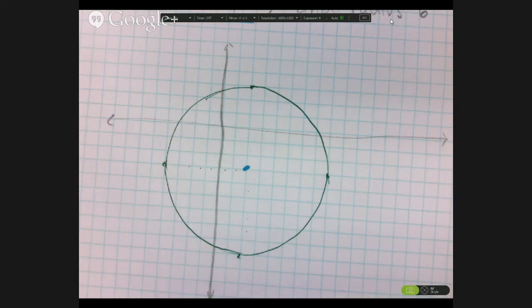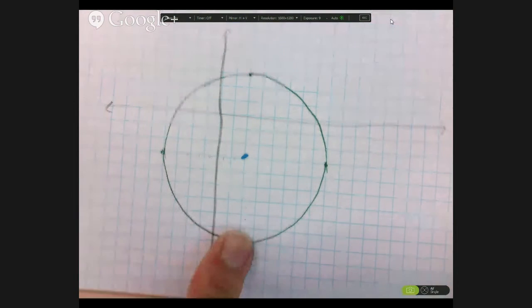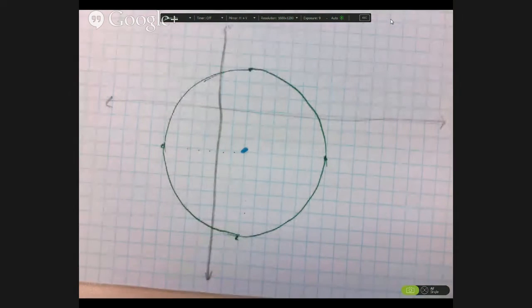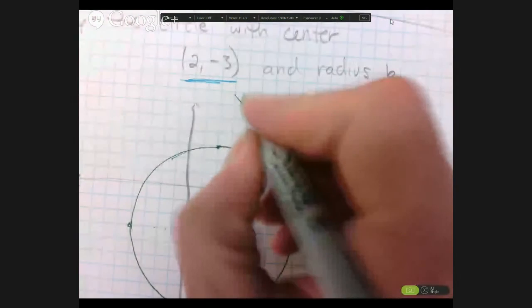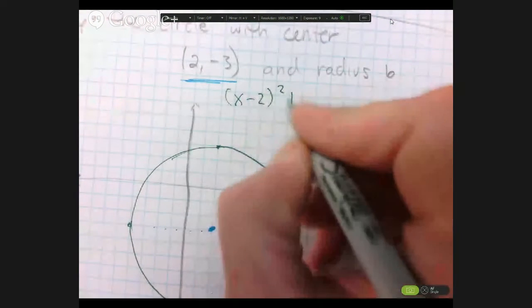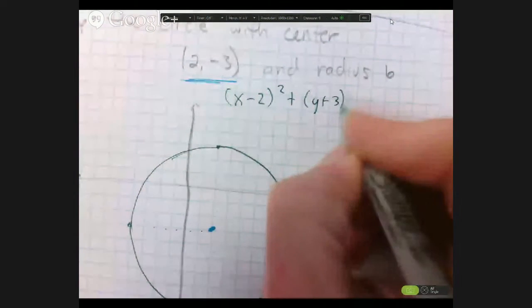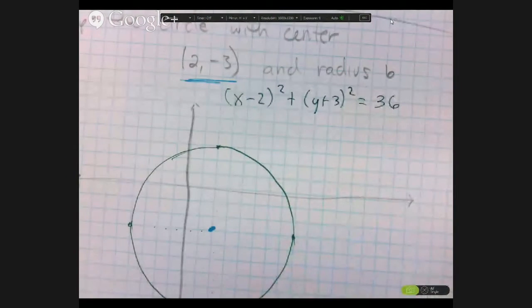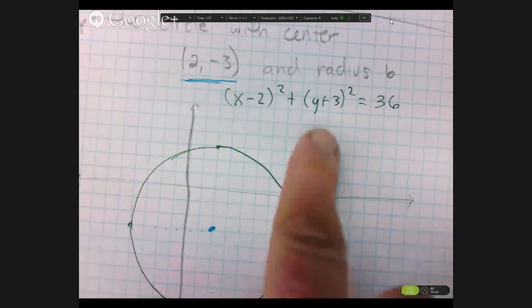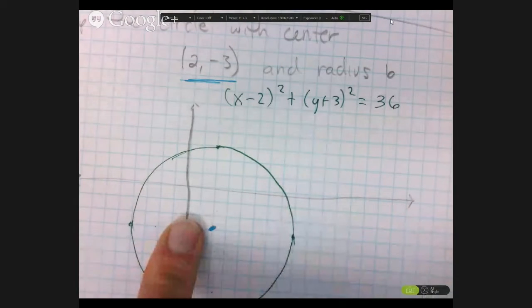Here's my question. Could you draw a circle from the equation? So if I gave you this one, it would be x minus 2 squared plus y plus 3 squared equals 36. If I gave you that equation, could you do this graph?